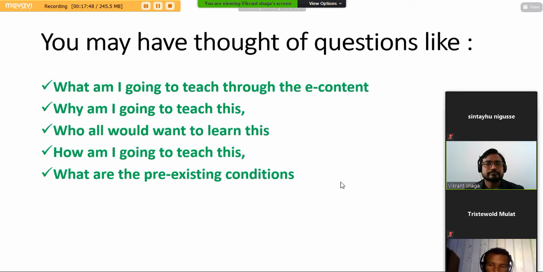Then, who would want to learn this? I think most of you have given the answers. Who are the participants? That is a correct, very good answer. Then, how am I going to teach this? Like I discussed, what is the mode of teaching, how you're going to teach that particular course? What are the pre-existing conditions?